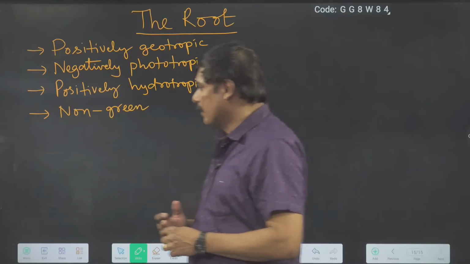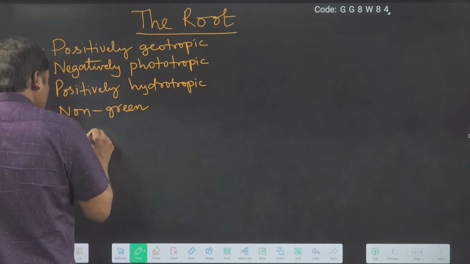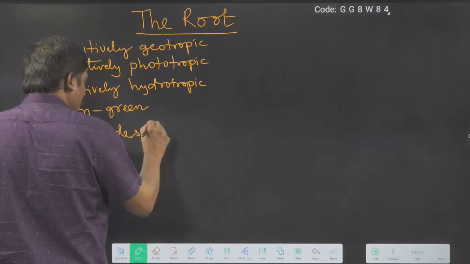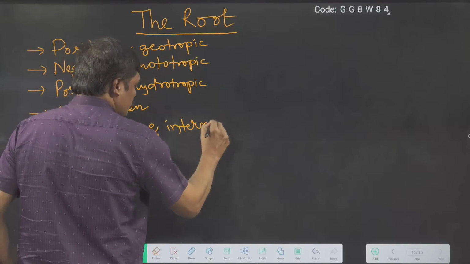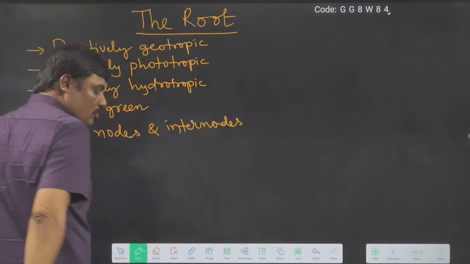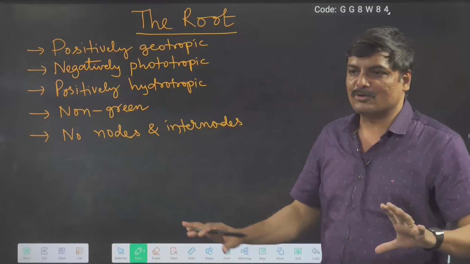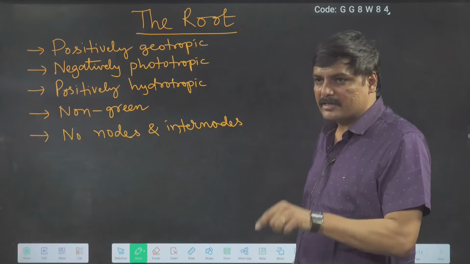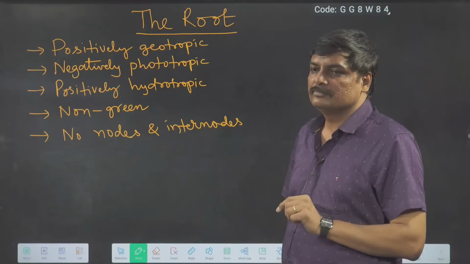And no nodes and no internodes. Nodes and internodes are absent. No nodes, no internodes. That is the main character by which we can discriminate stem from the root.